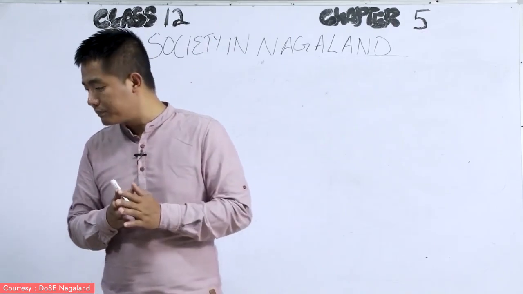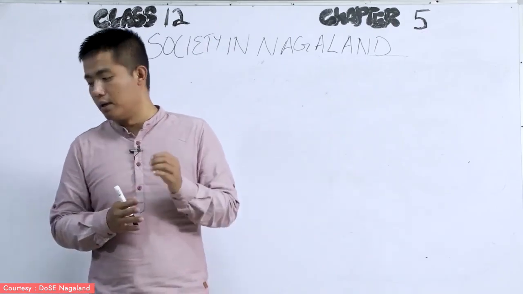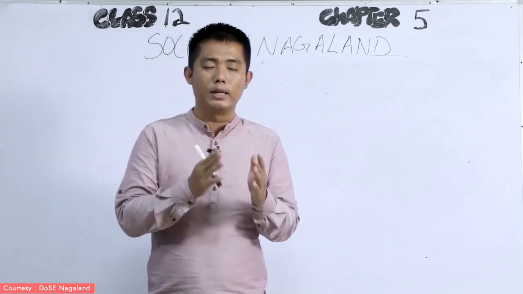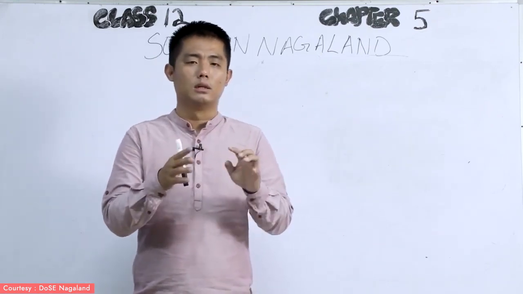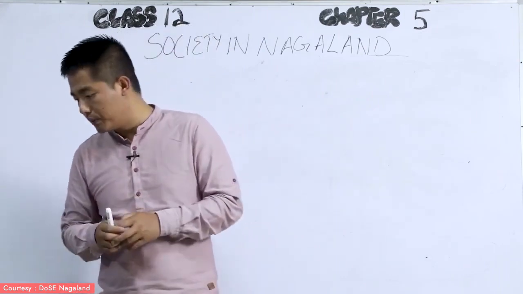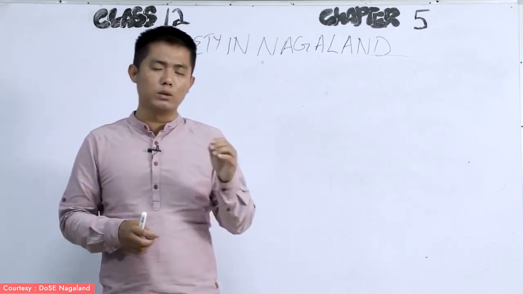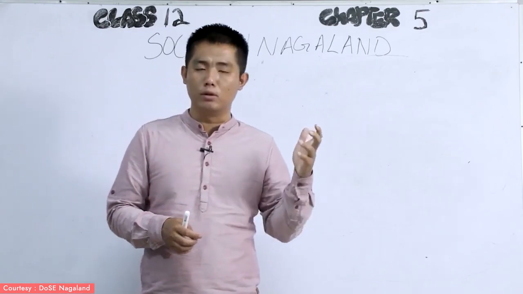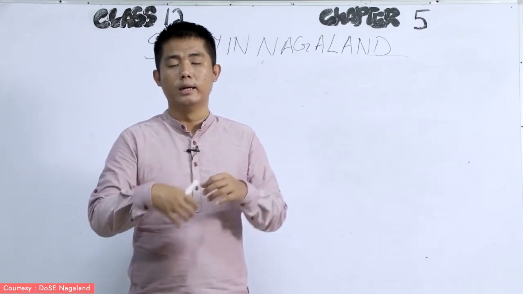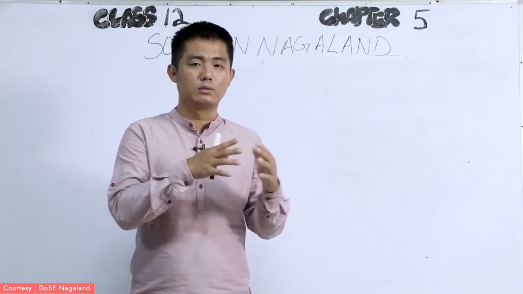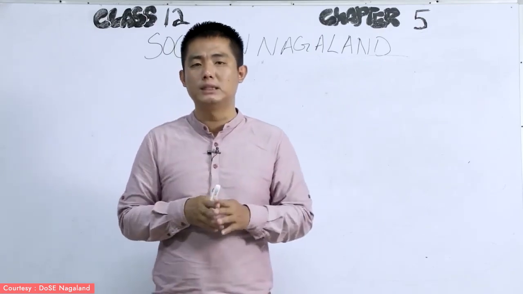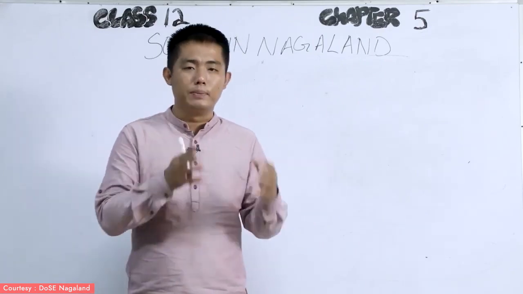Based on this system, no social status is given to one group over the other. It doesn't mean that one group is socially or economically superior or inferior to the other. There is not much distinction based on this moiety system among the Angami people.